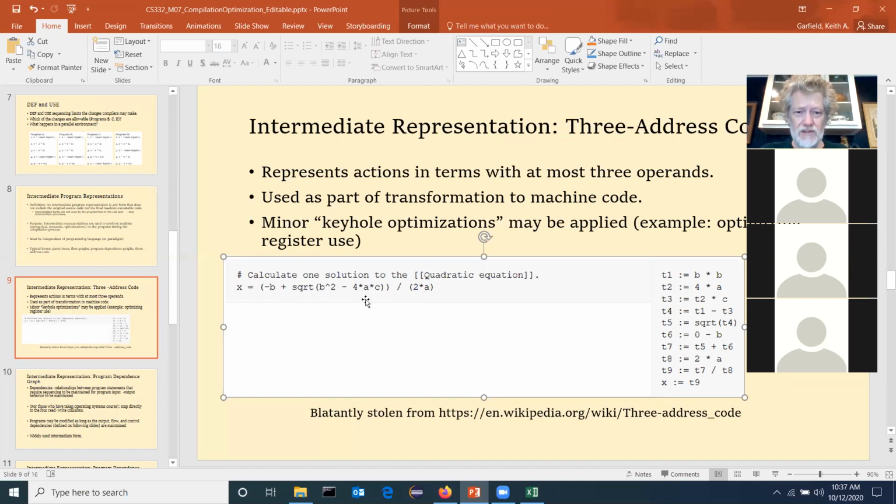What do we have? It's the quadratic formula. I'm trying to see if they got their parentheses right. So here's the quadratic formula. And if you break this down, you say, okay, 2 times a, that's one thing I can do all by myself. And you may or may not choose to do that first. Or you can do the b squared first, or the 4 times a, and then that temporary result, 4 times a times c.